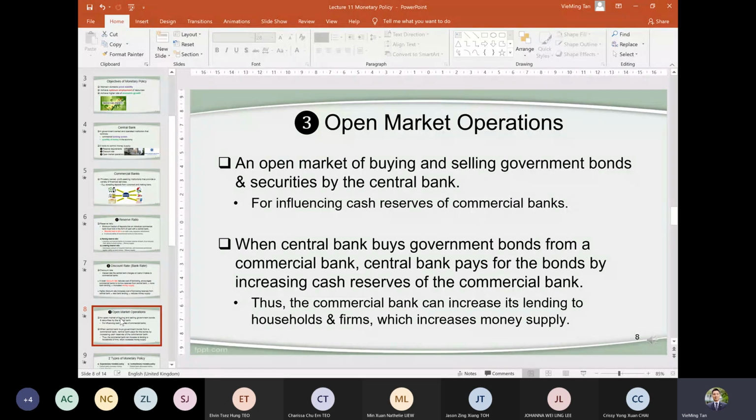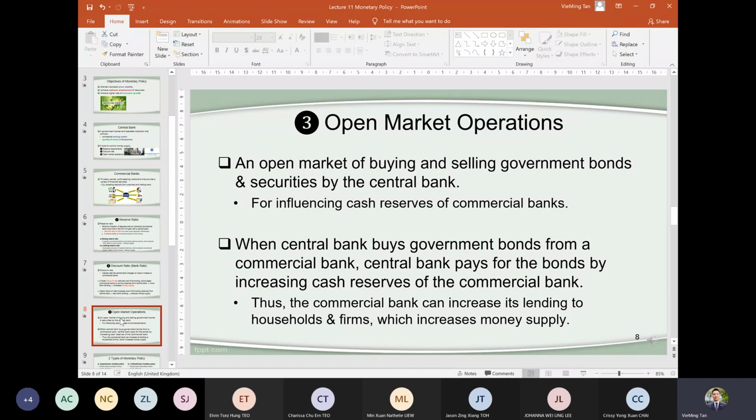What is the effect if the central bank buys government bonds back from a commercial bank? That means the central bank has to pay for the bond by increasing the cash reserve of the commercial bank.